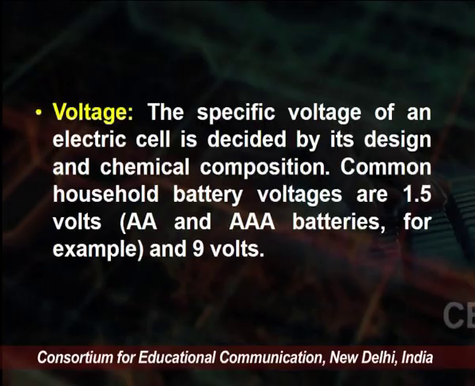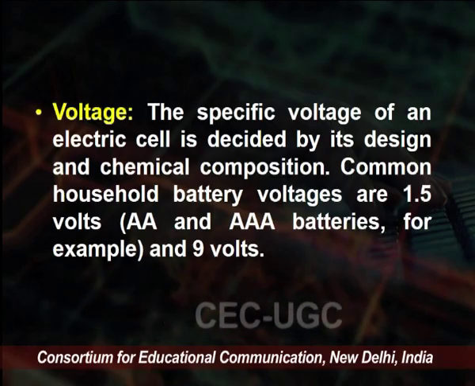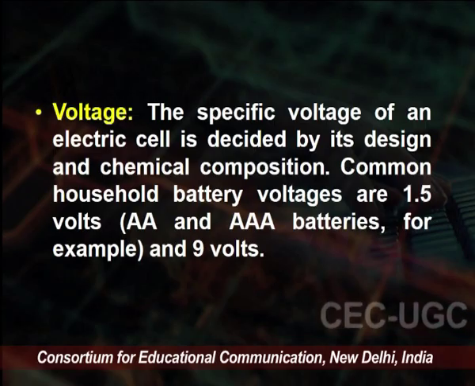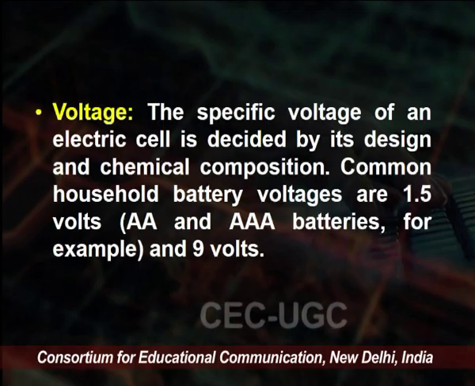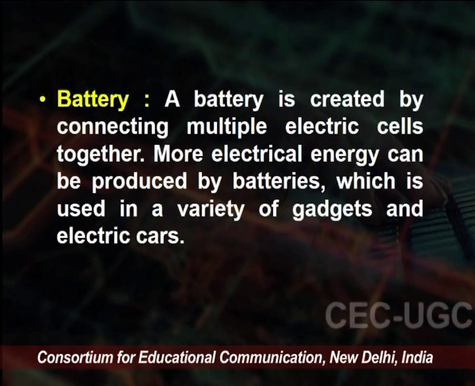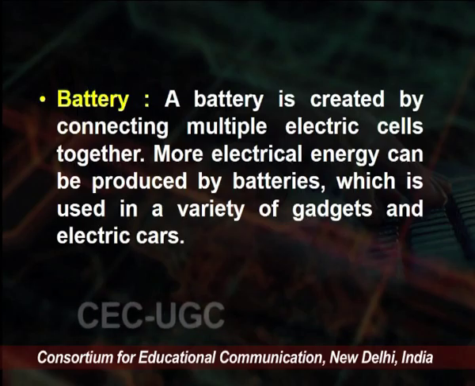Another is the voltage. The specific voltage of an electric cell is decided by its design and chemical composition. Common household batteries have 1.5 volts, represented by AA and AAA batteries, and there are also 9 volt batteries. A battery is created by connecting multiple electric cells together.